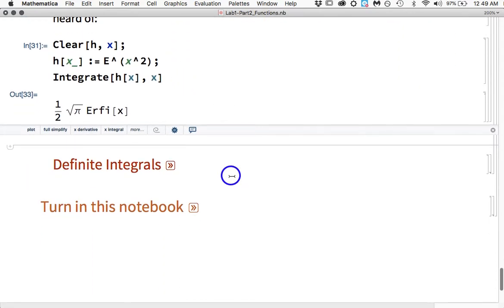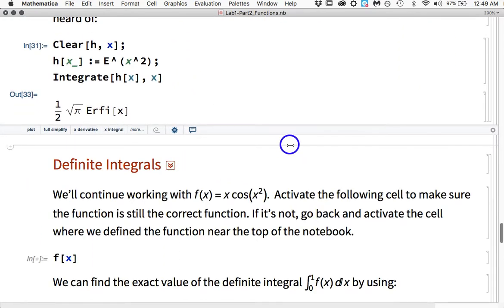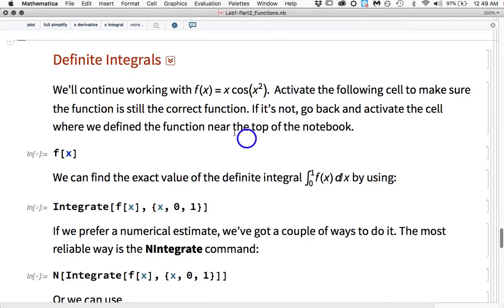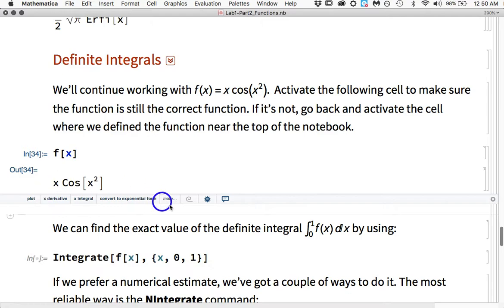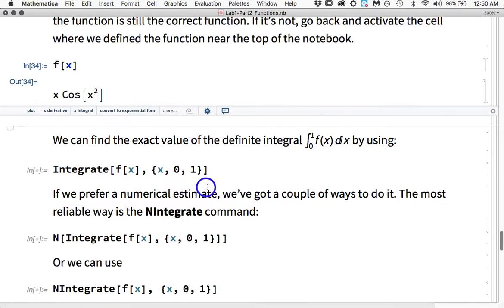What about definite integrals? So let's look at definite integrals. We'll continue working with x times the cosine of x squared. So there it is. Now here's a definite integral, and I can find the value of it with the Integrate command. You'll notice that the second argument has changed.